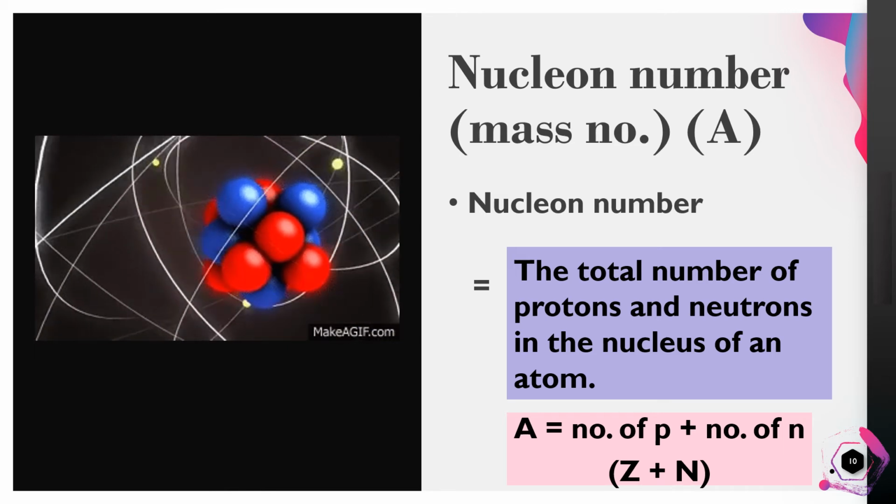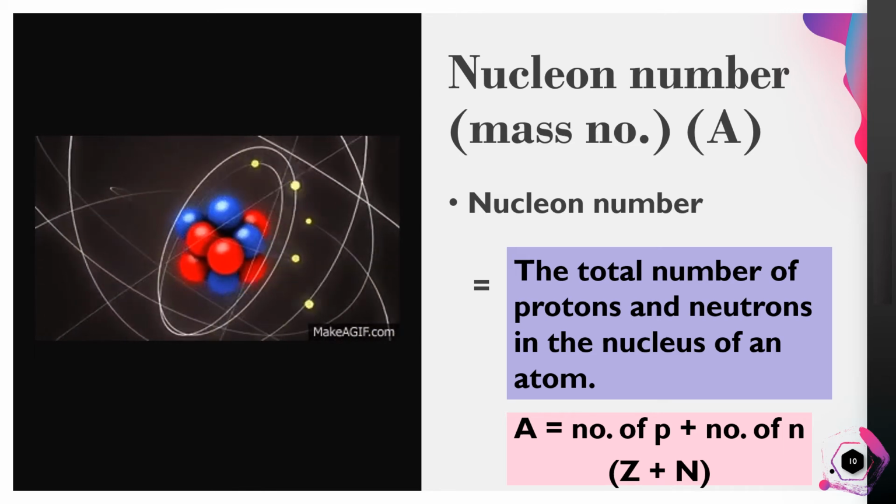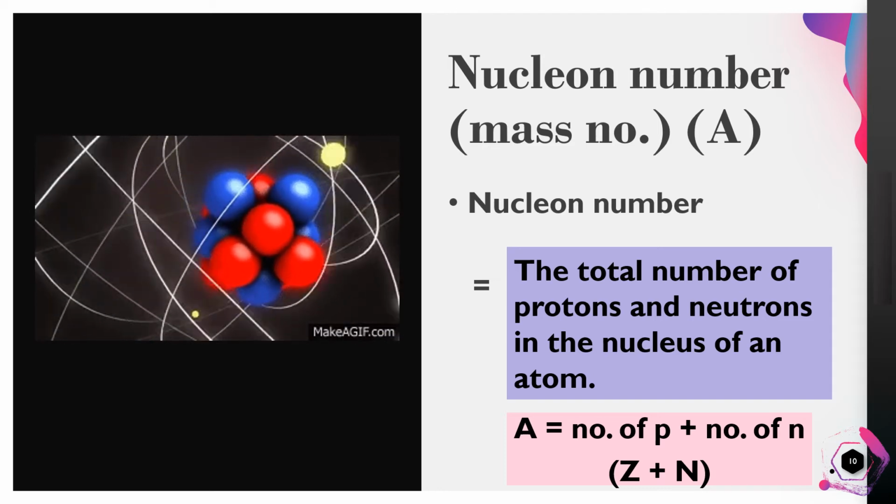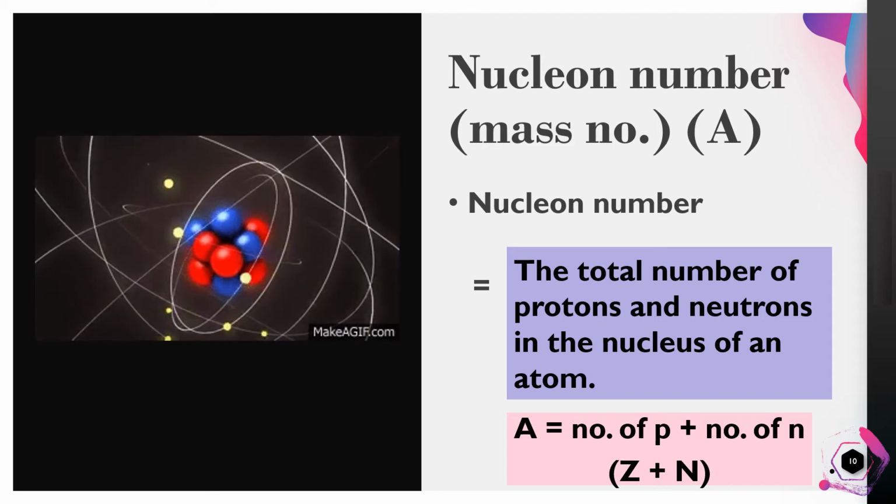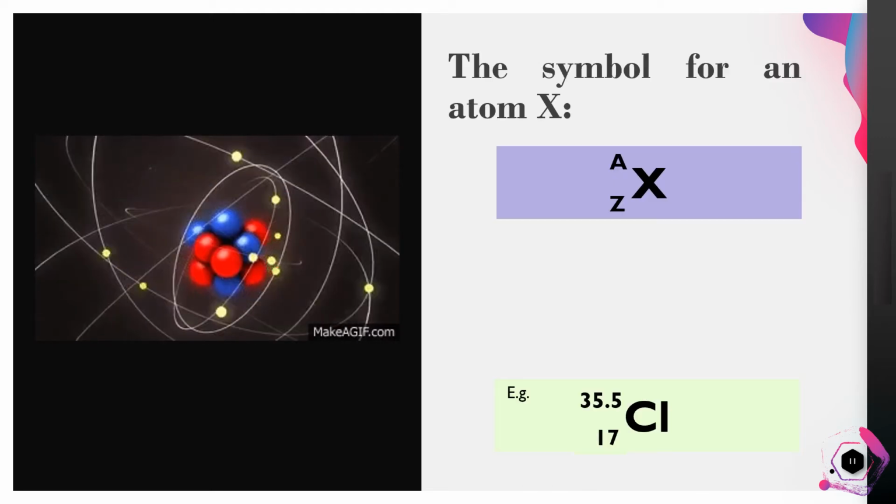So this is the formula to calculate the nuclear number: A equals Z plus N, the number of protons plus the number of neutrons.